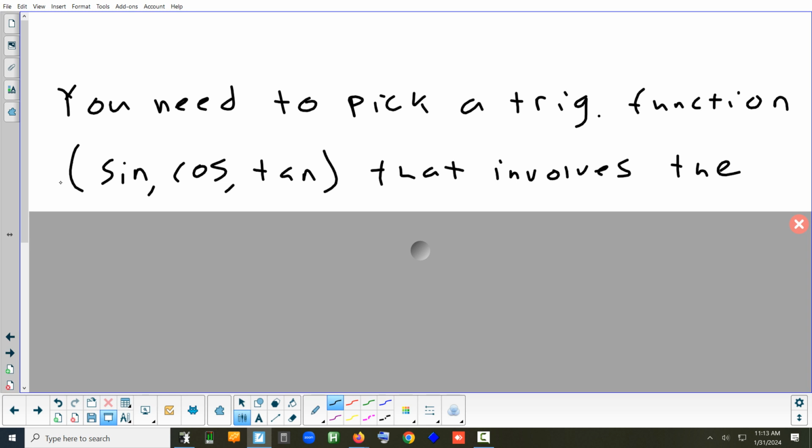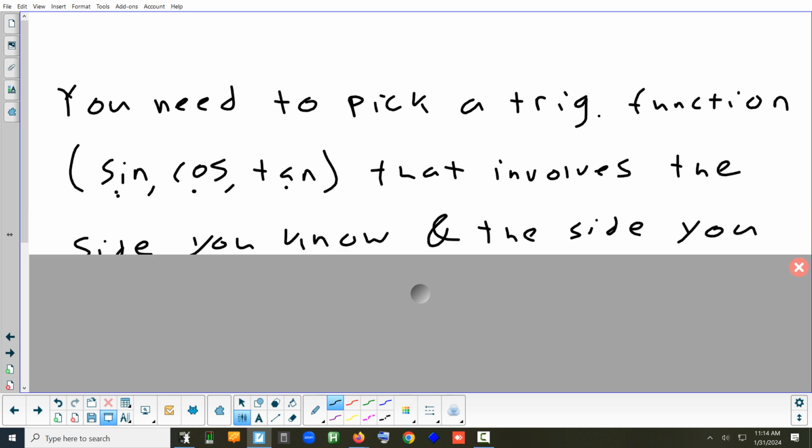You're going to have a side that you already know. You have to figure out what those two sides are called. Maybe they're opposite and adjacent. Maybe it's hypotenuse and adjacent. Whatever two sides you know, that's how you pick the trig function to use. So if you know the opposite and you're trying to find the hypotenuse, that's the sine function, because sine is opposite over hypotenuse. Okay, but it's always going to be one of those 3 for today.